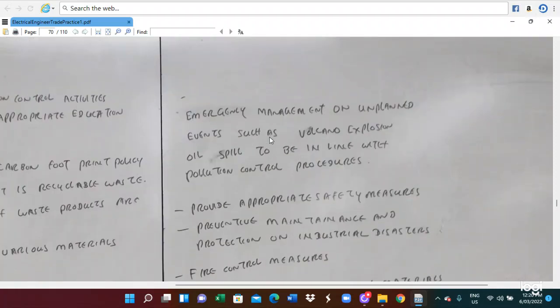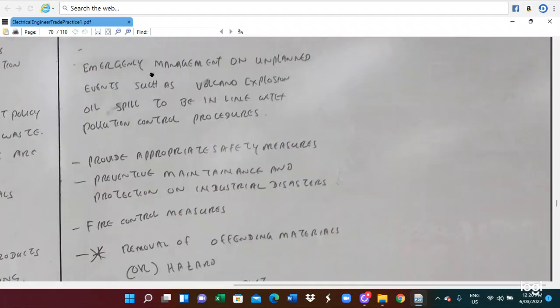So we also need to follow the appropriate emergency management of unplanned events, especially when a natural disaster happens, a volcano explosion, or an oil spill. Those are the pollution control procedures that must be utilized.